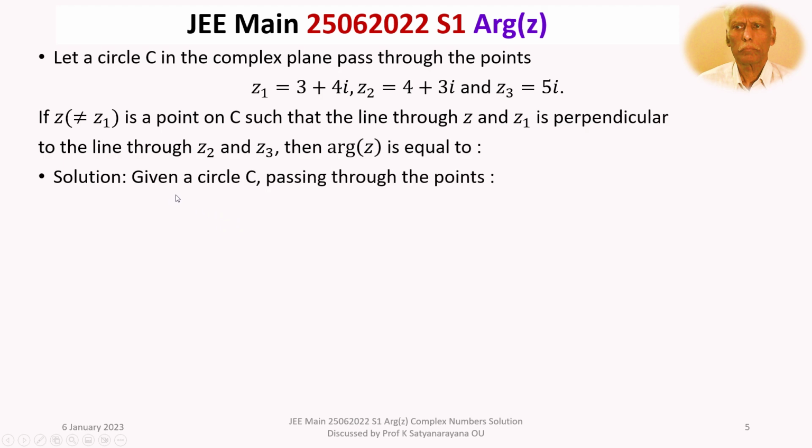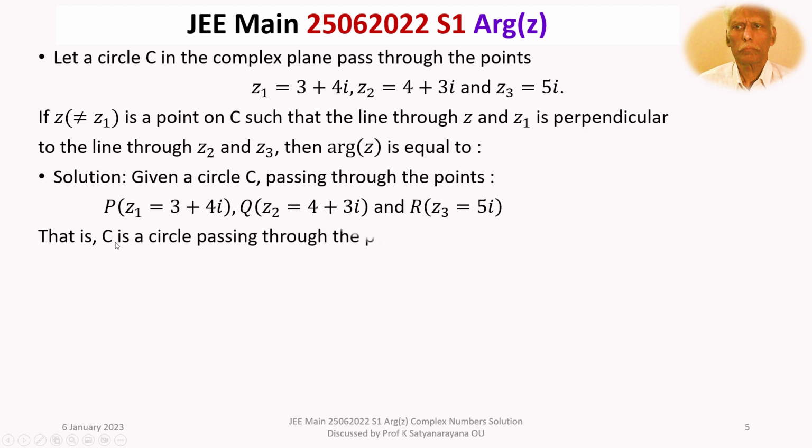We are given a circle C in the complex plane passing through the points P, Z1 is equal to 3 plus 4i, Q, Z2 is equal to 4 plus 3i, and R, Z3 is equal to 5i.